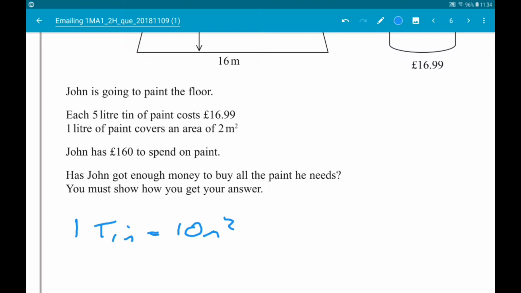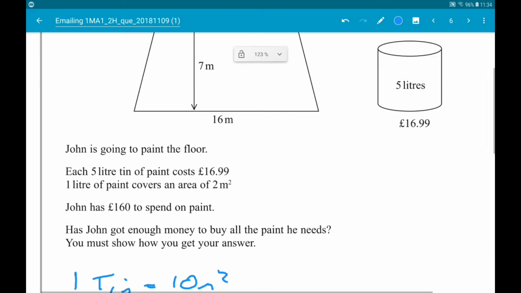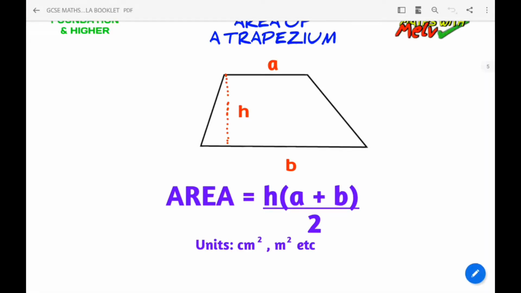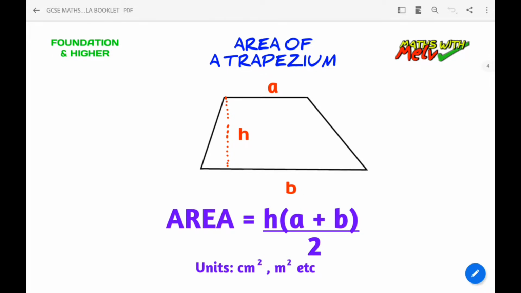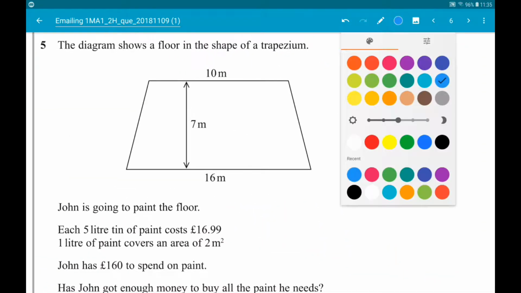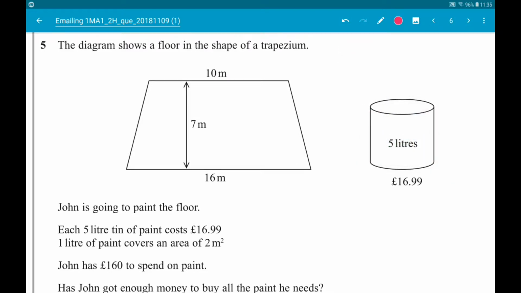Okay, so the next thing we're going to need is the area of the floor. So, the area of a trapezium. Looks like that. So, it's the height times the top and bottom length added, all divided by 2. So, the area of the floor then is going to be 7 times 10 plus 16 all over 2.